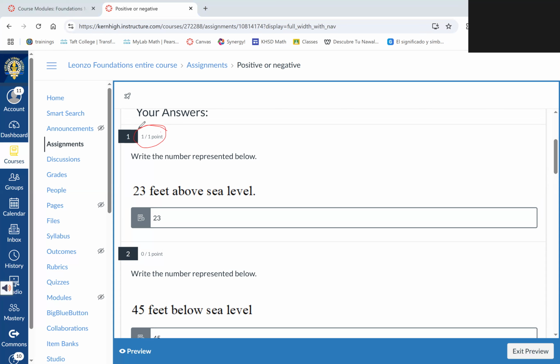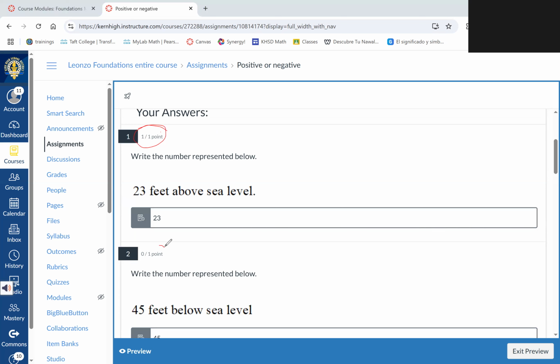That means that question is right. We knew it was correct. So good. That's how you're going to know when your answers are correct. When they're incorrect, like looking at question number 2, I answered that wrong. Remember, I said it was negative 45 and I intentionally just wrote positive 45.